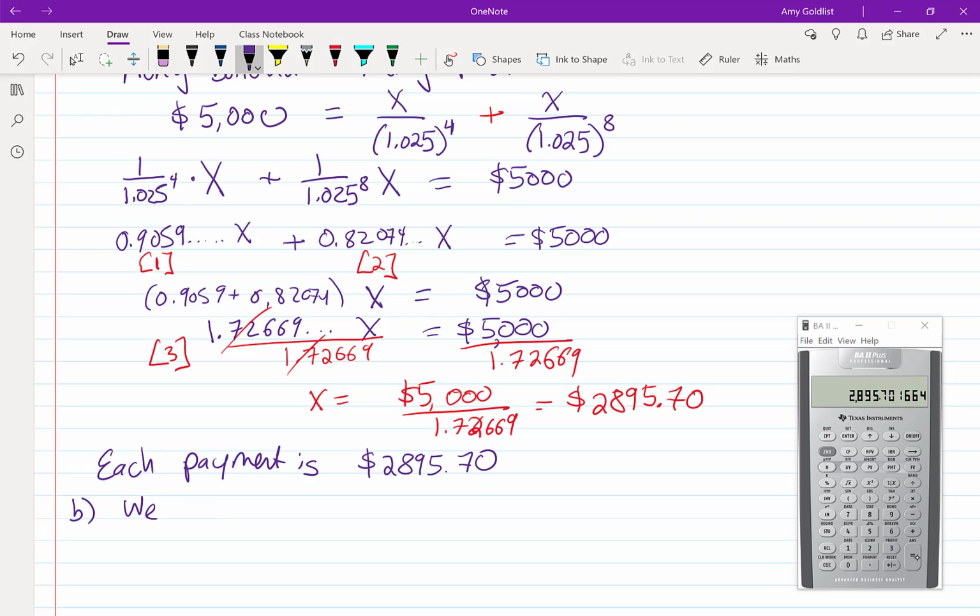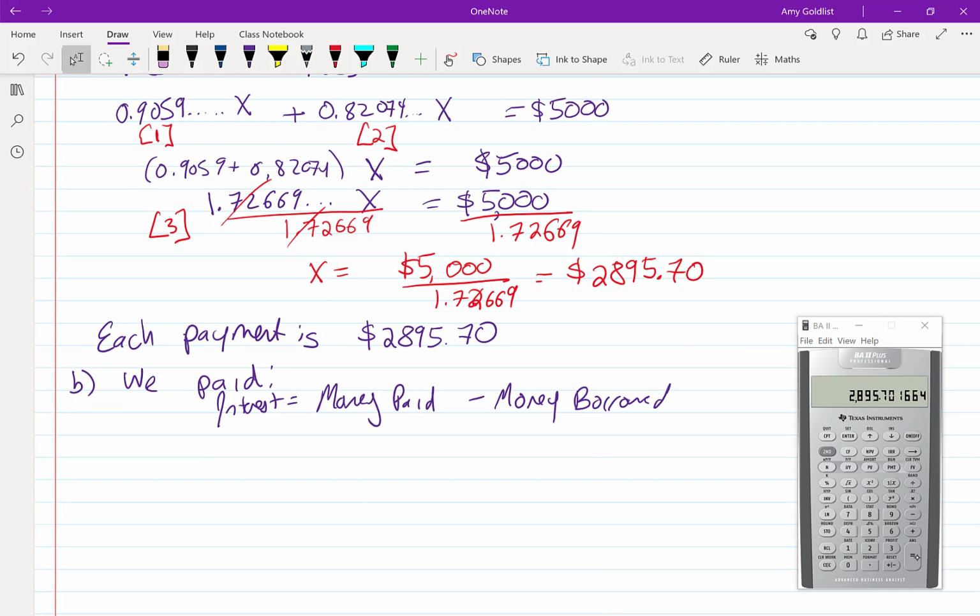Interest is the same way. So we paid, well, money paid minus money borrowed in interest. Same thing here, only we have a different payment.